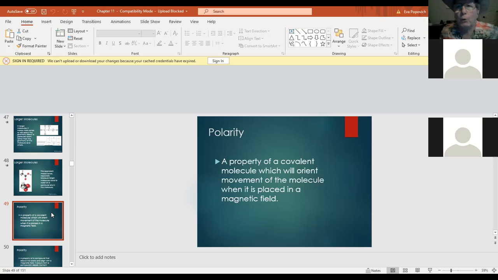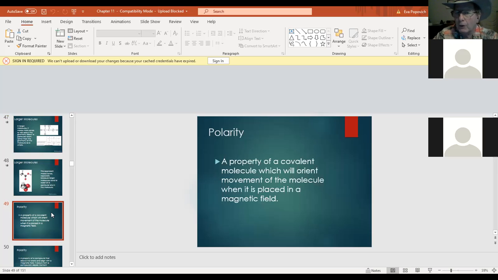And polarity is nothing more than this: when we put a molecule in a magnetic field, if that molecule has an unequal distribution of charges, say one side's negative, the other side's positive, well, if my magnetic field is such that this end's positive and this end's negative, when I have my molecule in that magnetic field, it's going to orient so that the negative side of the molecule is pointing towards the positive side of the magnetic field. Does this kind of make sense to everybody?